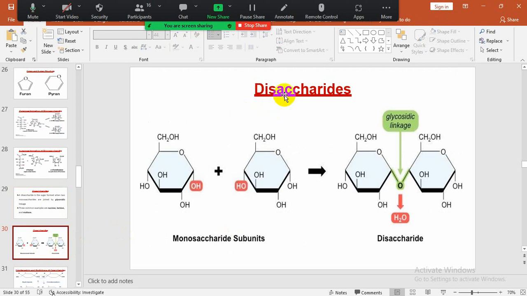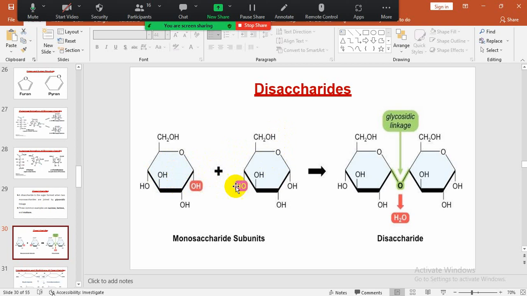Okay, so disaccharides are sugars that contain 2 monosaccharide units. So we have here a monosaccharide.